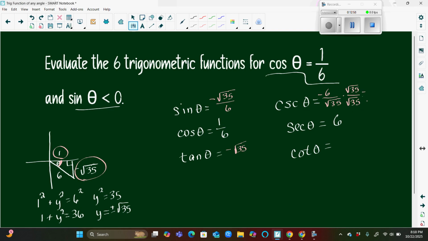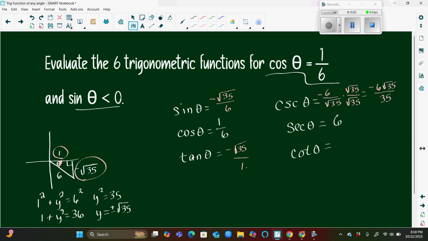And when we do that, we get negative 6 times square root of 35 over square root of 35 times square root of 35 is just going to be 35. If you're not sure how to rationalize, there will be another video on that that you can watch at another time.